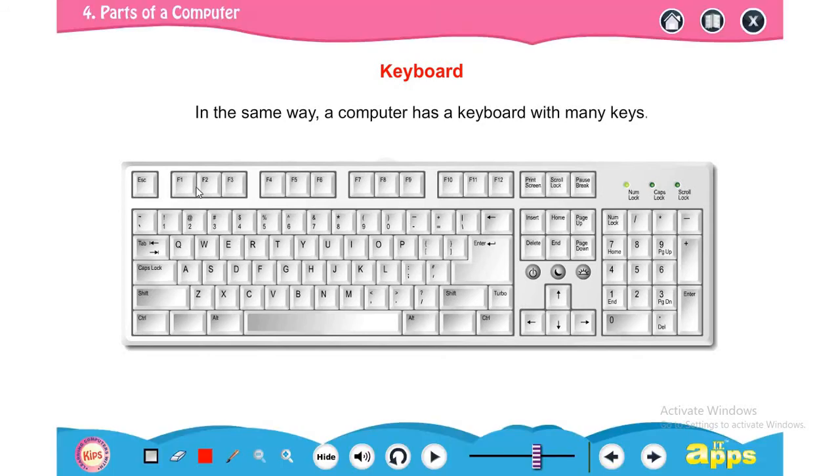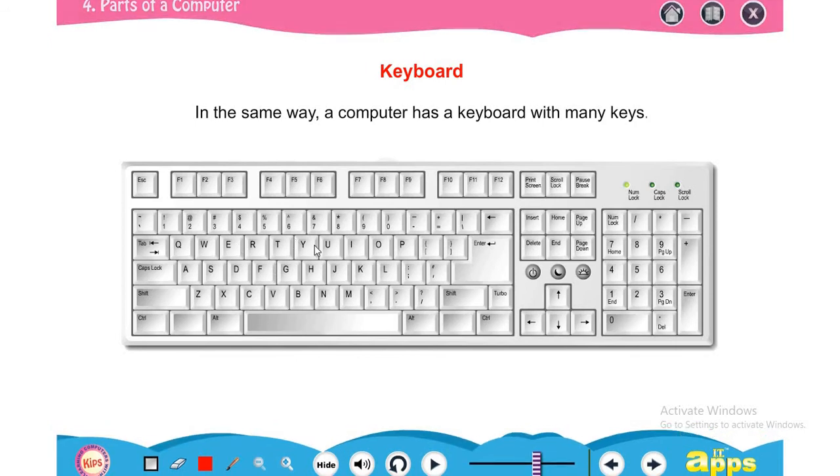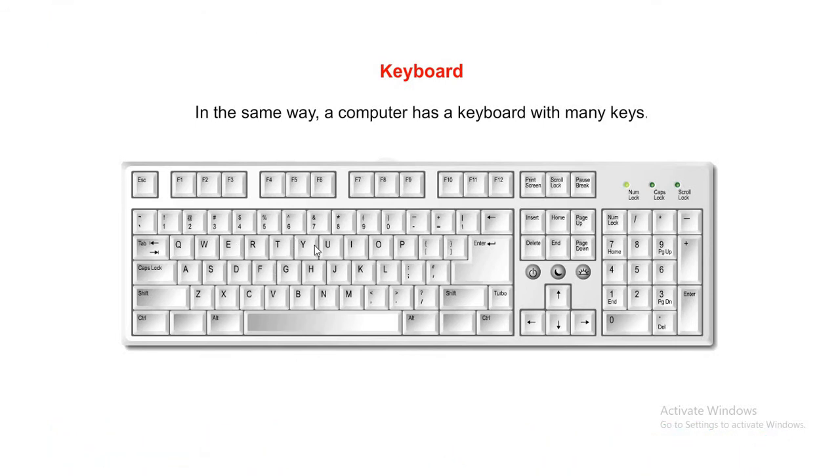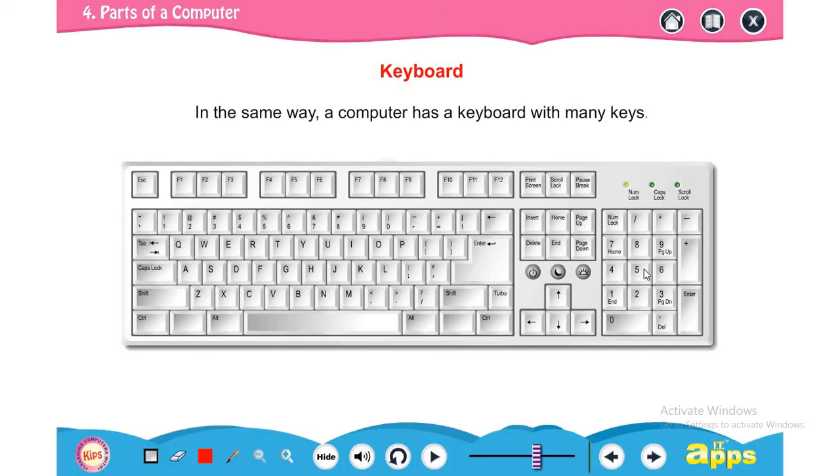In that, this upper key is called a function key. Okay, this is called an alphabet key, and this is called a number key. Alphabet, because alphabets are there. Number, because numbers are there.